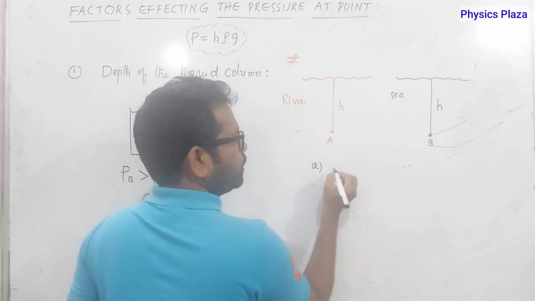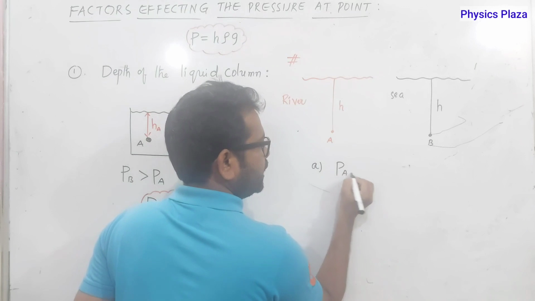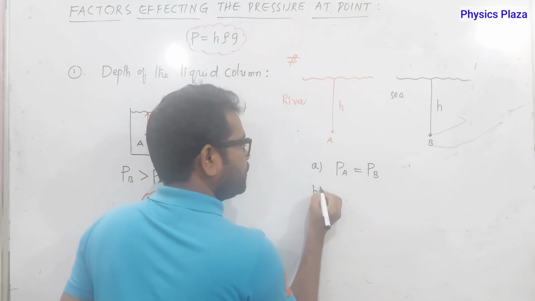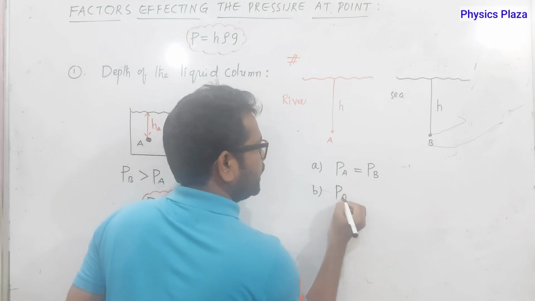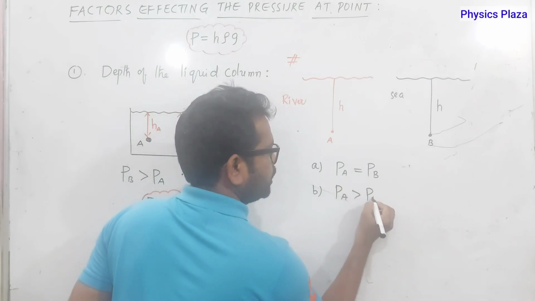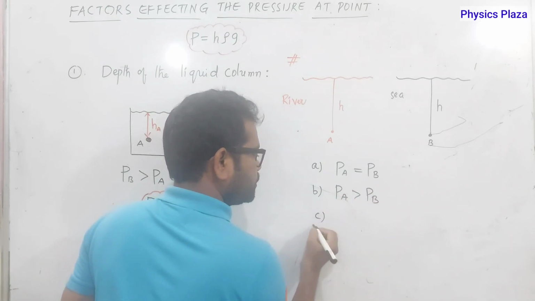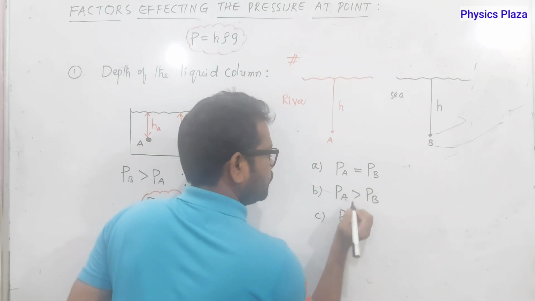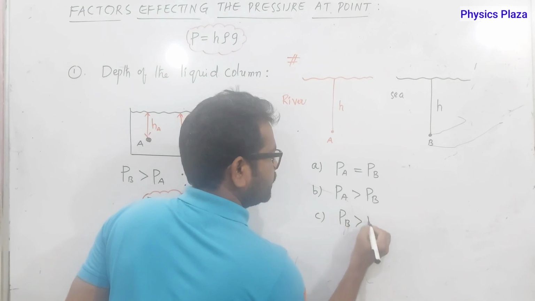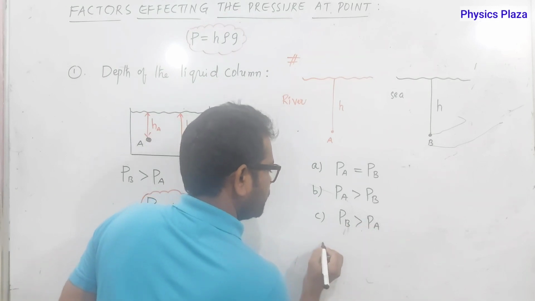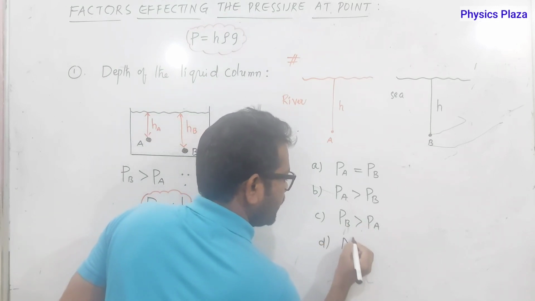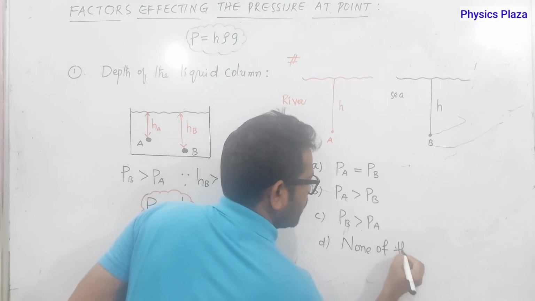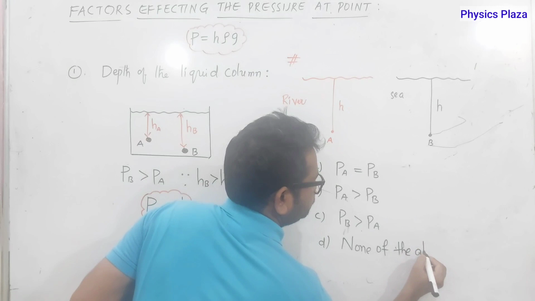Option A, pressure at point A is equal to the pressure at point B. Option B, pressure at point A is greater than pressure at point B. Option C, pressure at point B is greater than pressure at point A. D, none of the above, which is the most dangerous option.